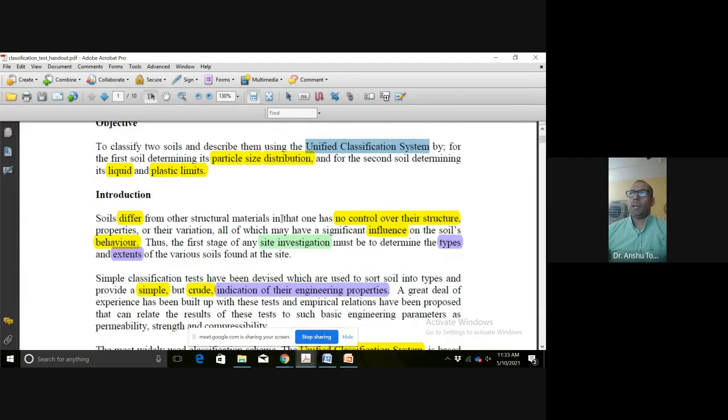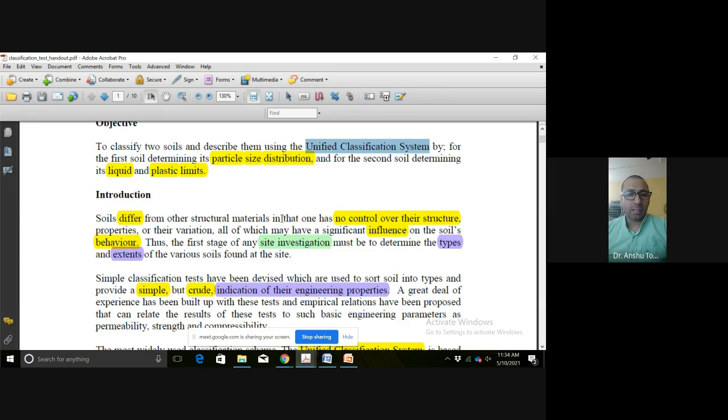Soils differ from others. This is very important. Why are we discussing soil as a different material? Because we have already discussed other materials in a broader sense at a single place. We did not discuss different materials separately, neither aluminium, nor copper, nor bronze, nor iron.